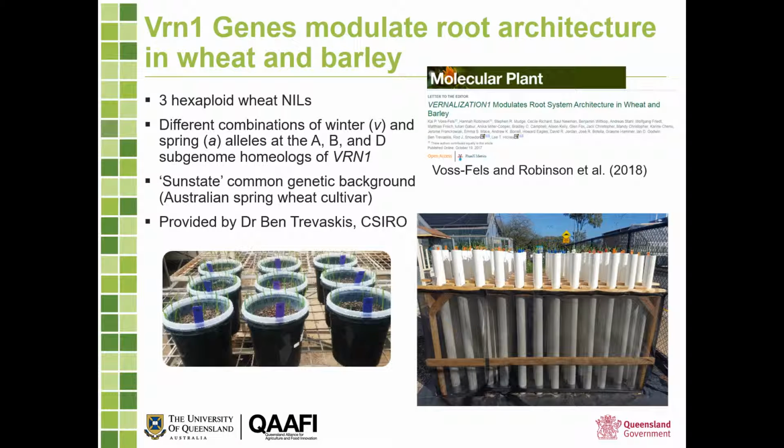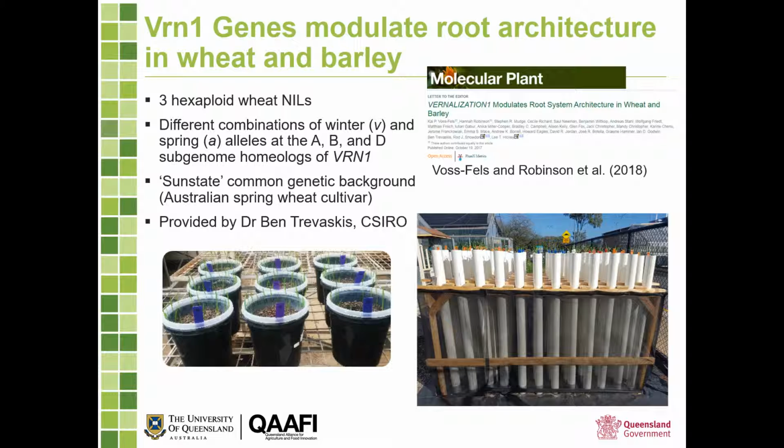Now, just very briefly, I'll quickly talk about some work we found with the VRN gene, which is the subject of a nice poster by Lee Hickey and others, poster number 49. For the wheat story, we looked at 3 near-isogenic lines developed by Ben Travaskis at CSIRO in Canberra.